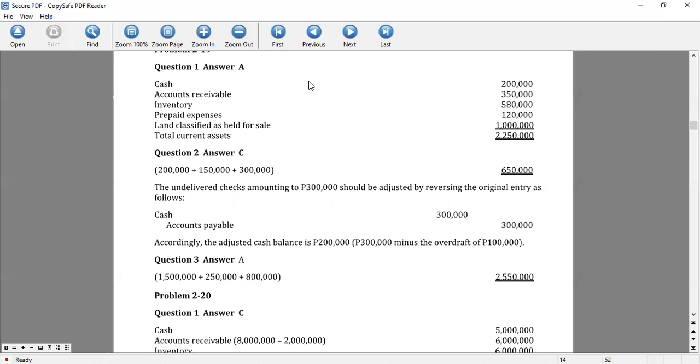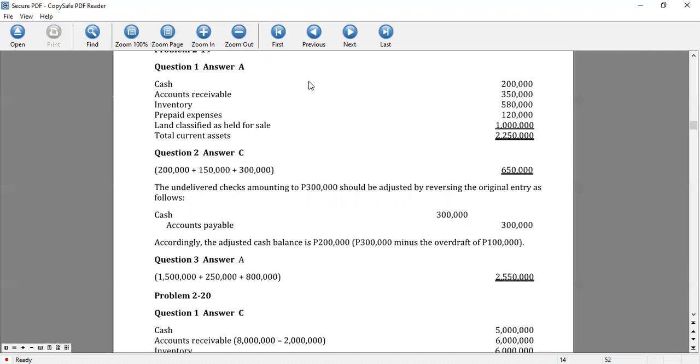Checks amounting to 300,000 were written to vendors and recorded on June 30, 2020, resulting in a cash overdraft of 100,000. The checks were mailed on July 9, 2020. Normally, problems like this would involve reconciliation statements of the bank and the book. Land held for sale was sold for cash on July 15, 2020. Now that is after the balance sheet date.